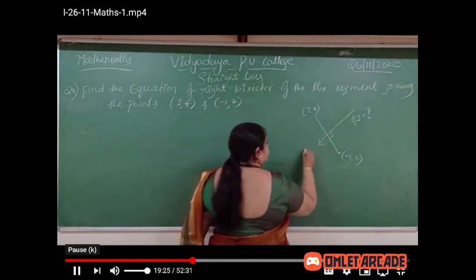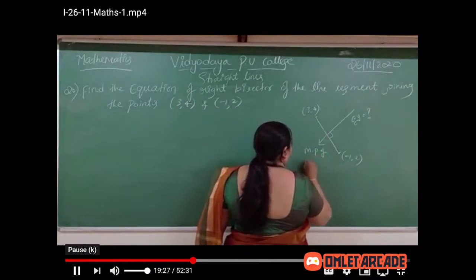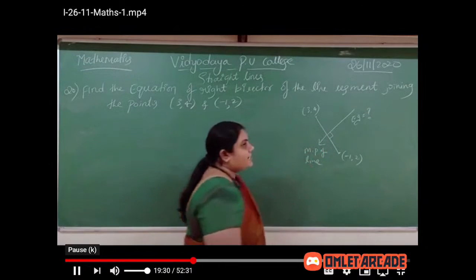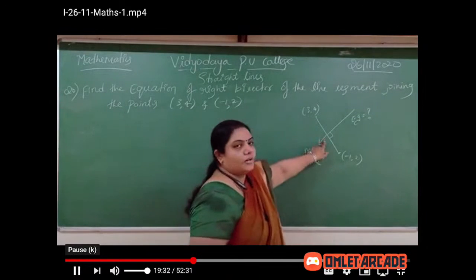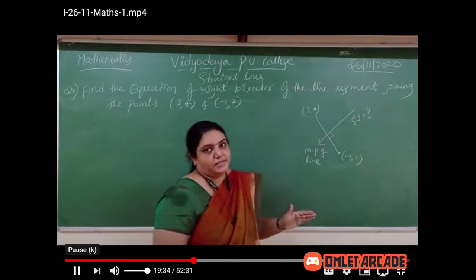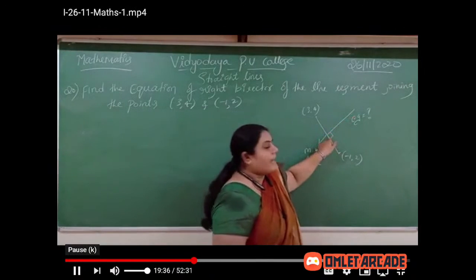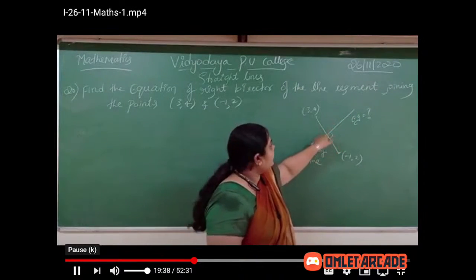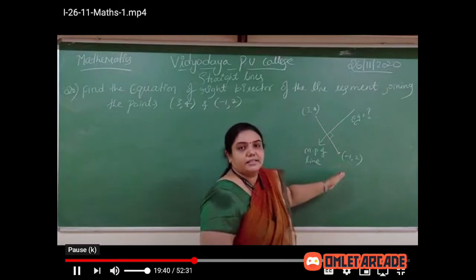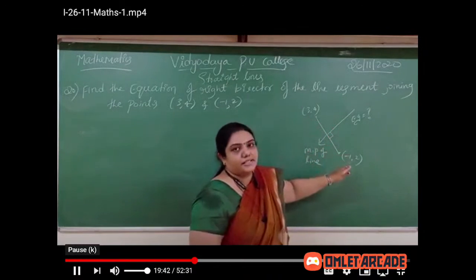Am I right, students? Because this line is a right bisector, the angle between them is 90 degrees, and it divides this line segment into two equal parts.